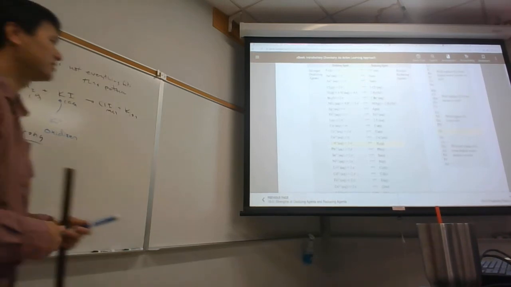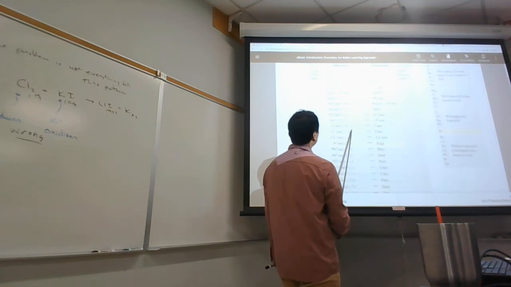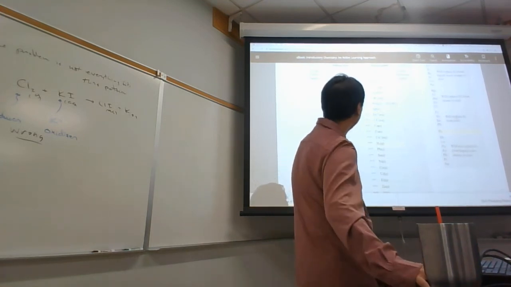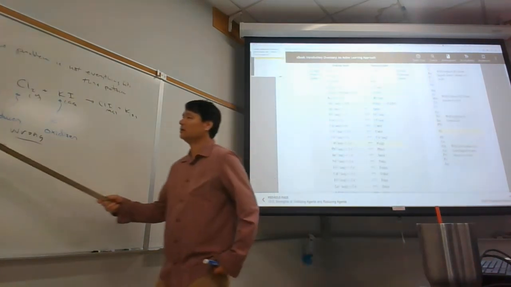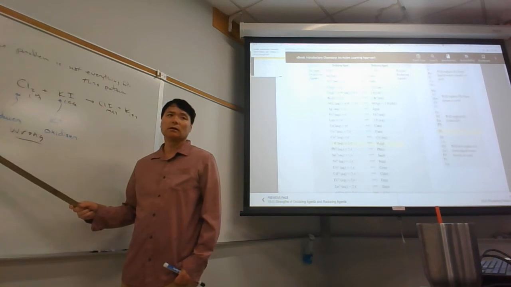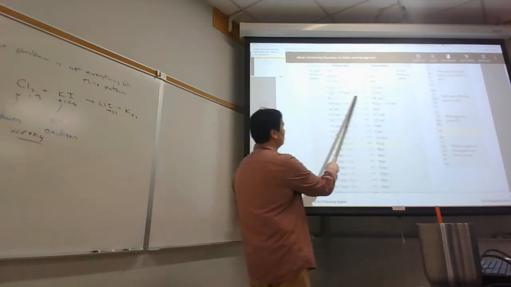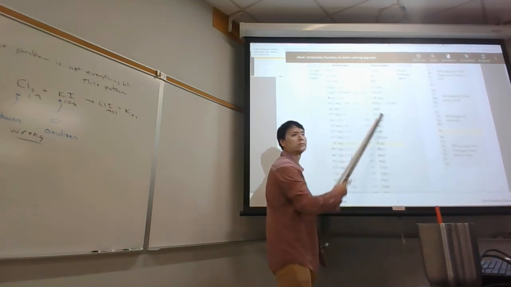This chart is not comprehensive enough for us. Oh, maybe it is. Because there's one more thing here, and that is water. Now, water is very interesting because when we look for water, do you see water here? That's on the reducer side.